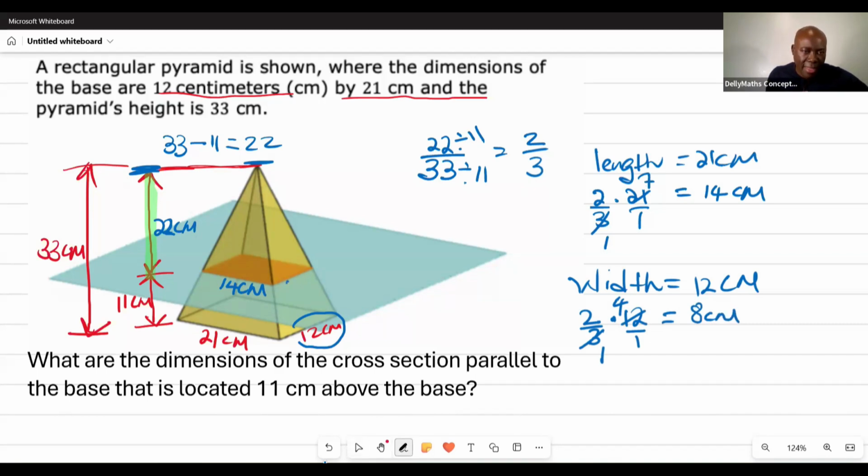So it means then that the width there is 8 centimeters long. And that gives me the dimensions of the cross-section when it is cut at 11 centimeters above the base. So we utilized similar ideas, similar objects, right?